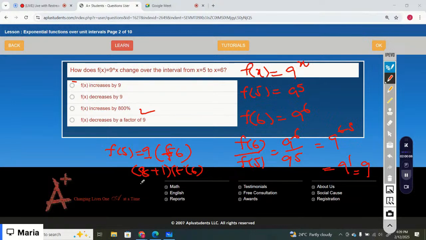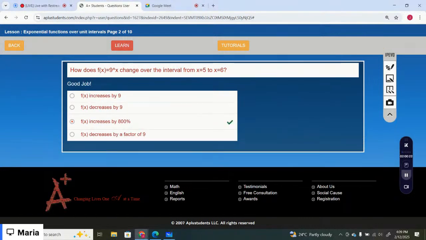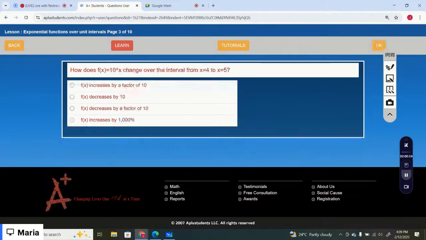Because if you multiply, that is 8 plus 100 over 100. That is f(x) increases by 800%.